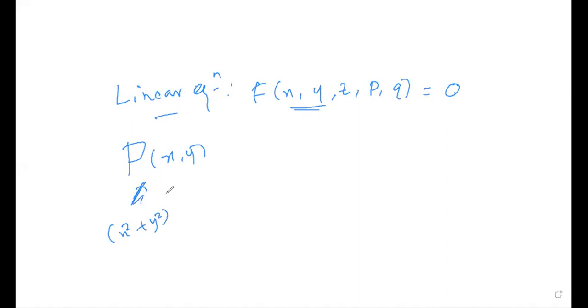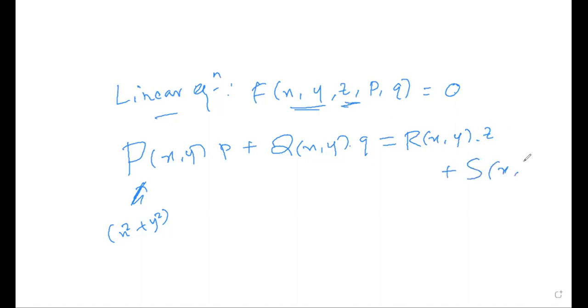So I am using capital P of x, y times small p, plus capital Q of x comma y, any function of x, y, times q, which is equal to R of x comma y times z. So z is also available now. It should be there somewhere. And it's equal to any function which doesn't have a derivative, let's say only a function.